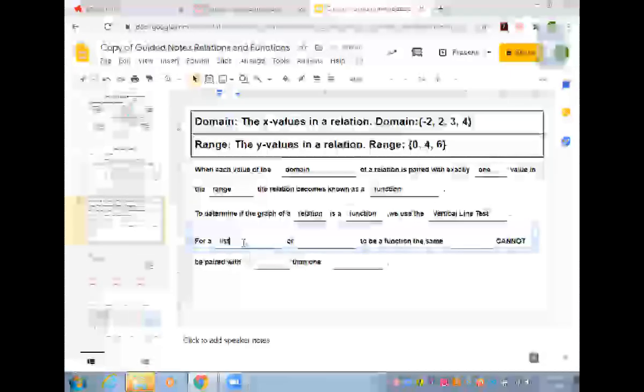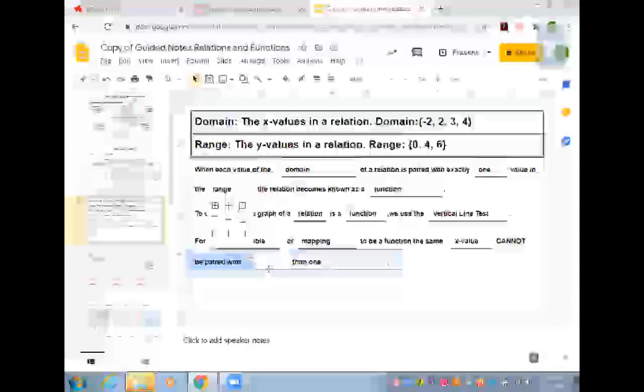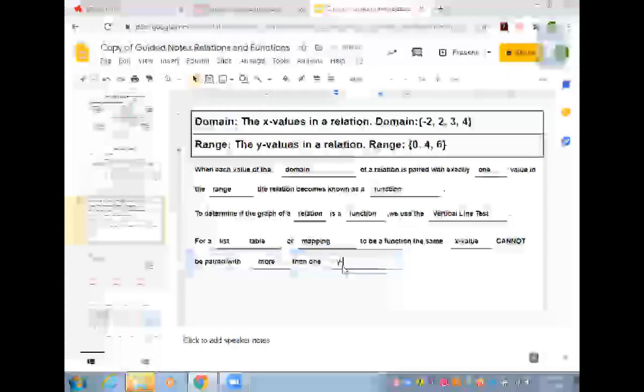For a list or a table or a mapping, so a list, a table, or a mapping, to be a function, the same X value cannot be paired with more than one Y value.